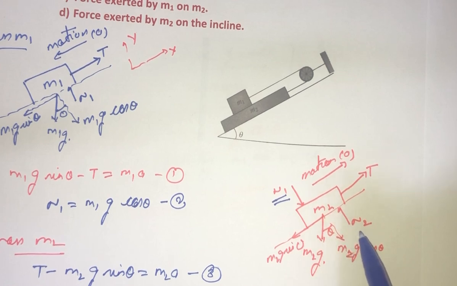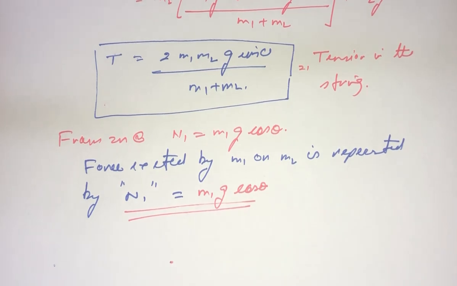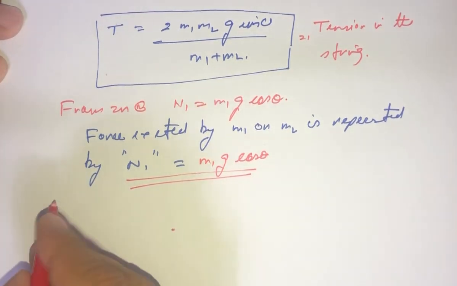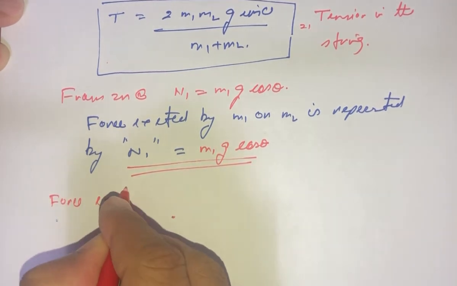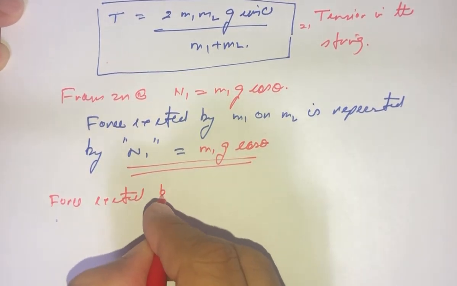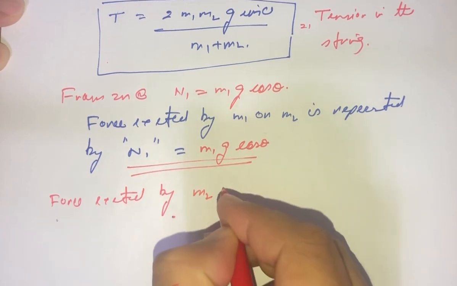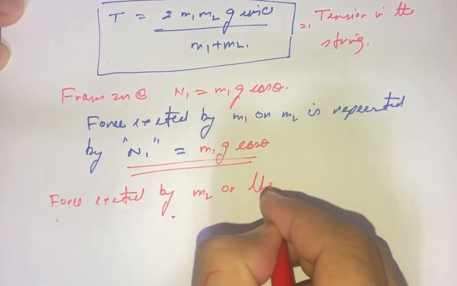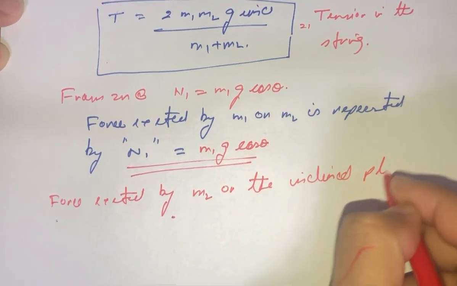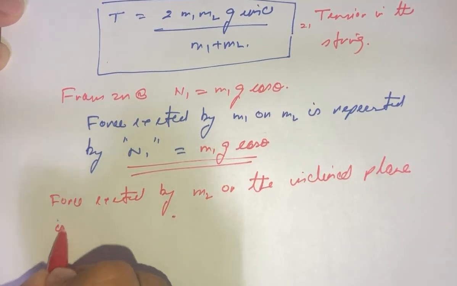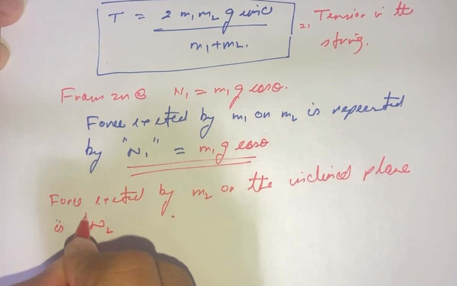The force exerted by m2 on the inclined plane will be nothing but its normal, n2.